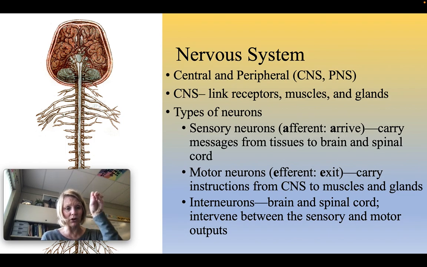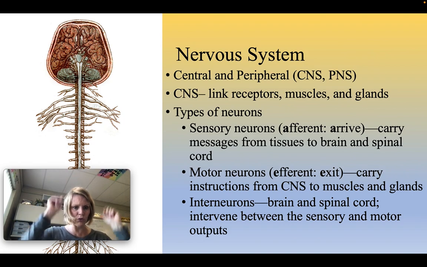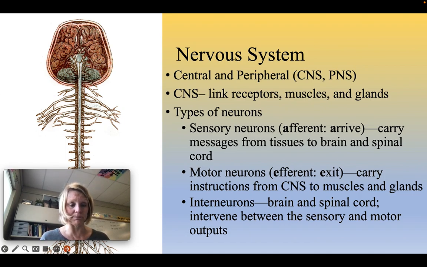It's the interneurons that are kind of the liaison, if you will. And we find the interneurons especially in the spinal cord, going to the brain. So they're kind of like that mediator. They're kind of the messenger from the sensory neurons to the motor neurons. We'll do a little neuron dance, so hopefully I can get some people to join me when I try to help you remember how to keep those all straight.